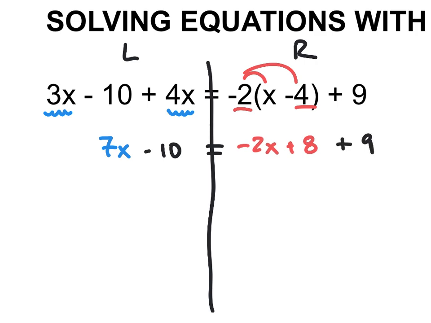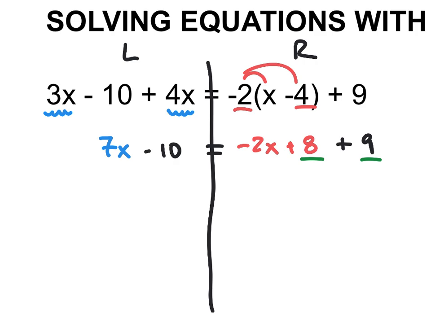Okay? Now, from my next step, what I want to do is clean up this right side, all right, because I've got like terms here with the 8 and the 9, and I want to combine those together.